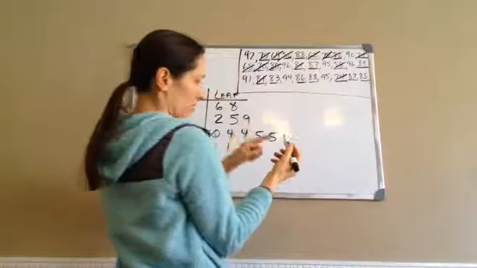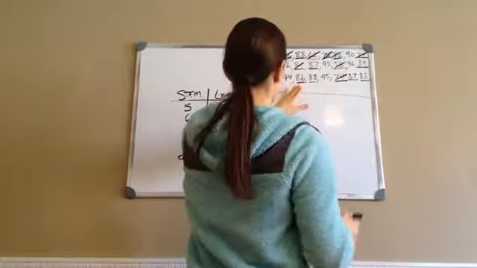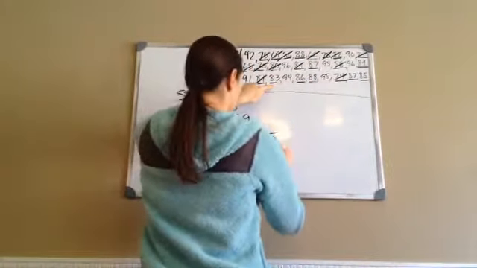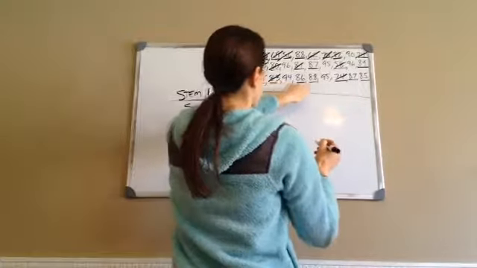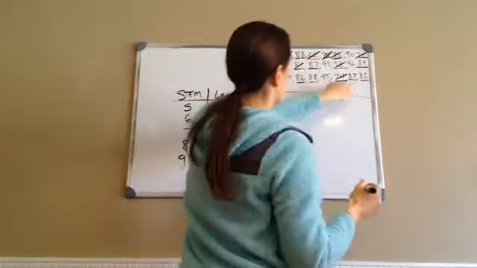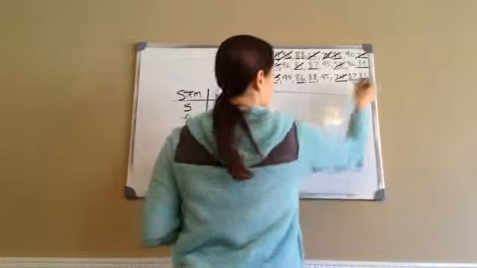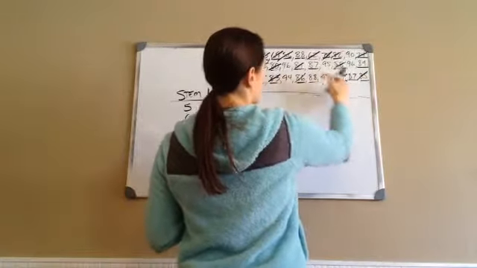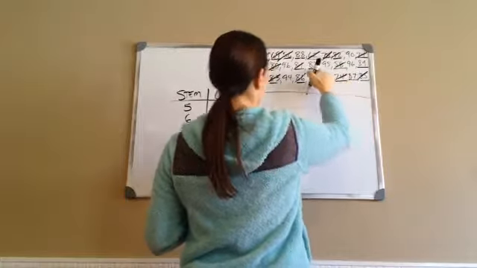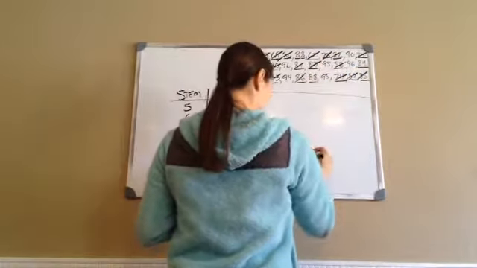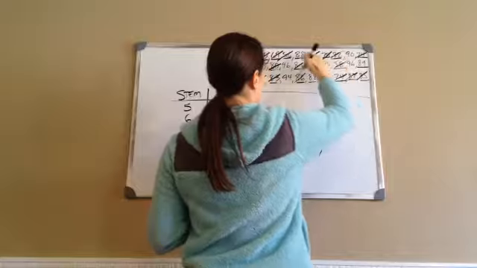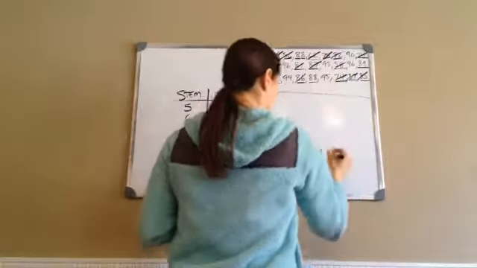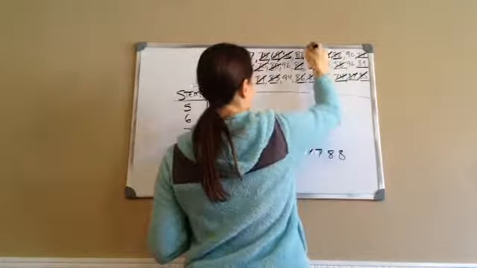Kind of would be a good idea maybe to use a different color so you can see better. 83, 86, 88, 88, 85, 85, 86, 87, two 87s, 88. Just one of them? 89. Woo! A lot of 80s.